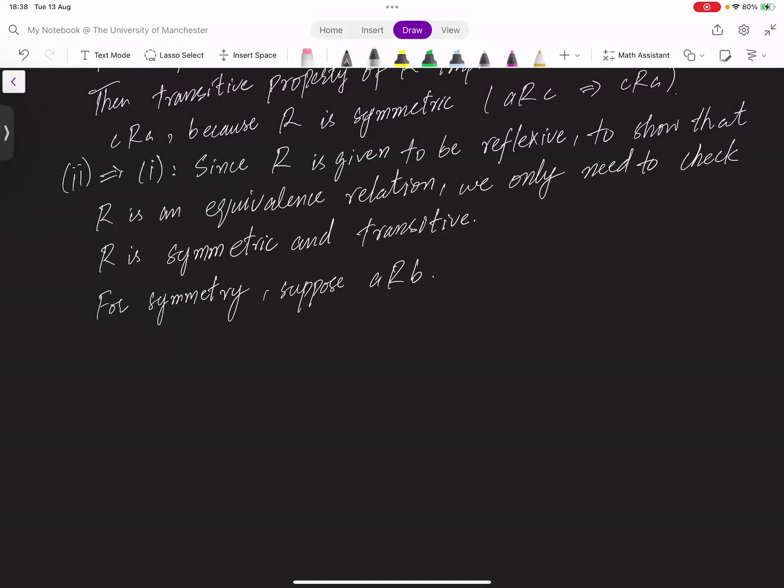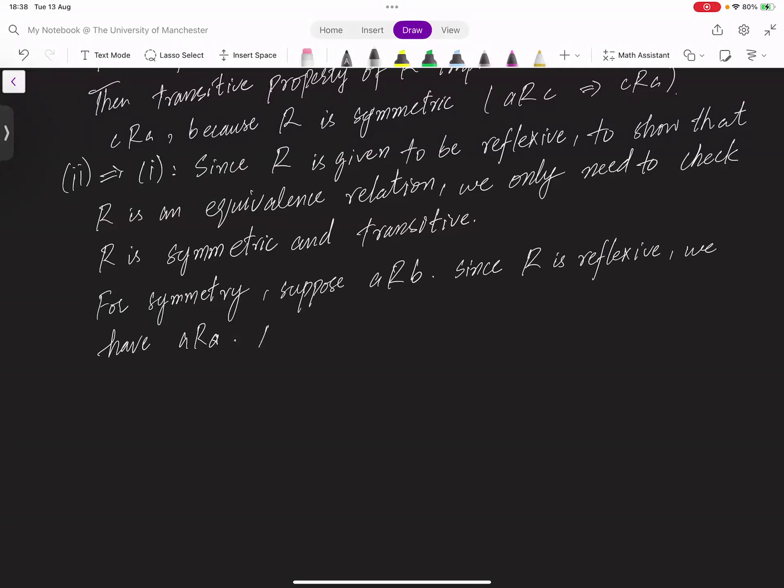Now, since R is reflexive, we have a is R related to a.